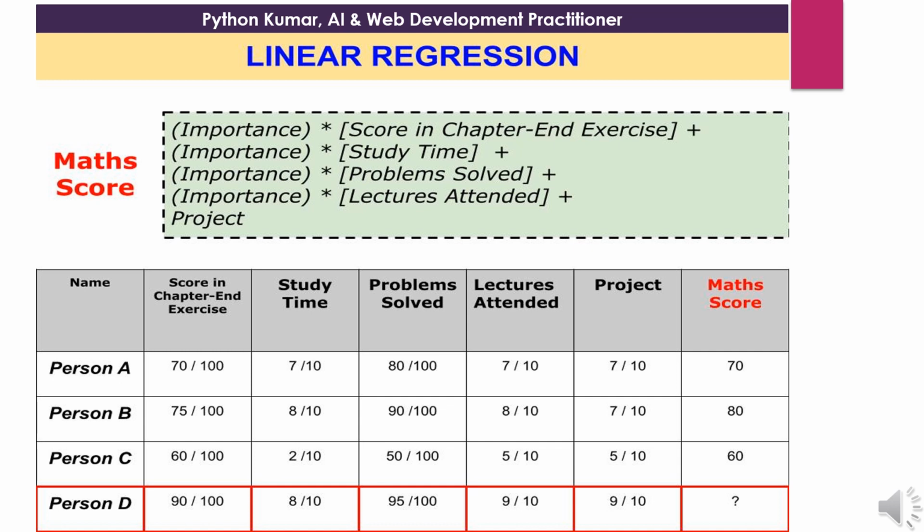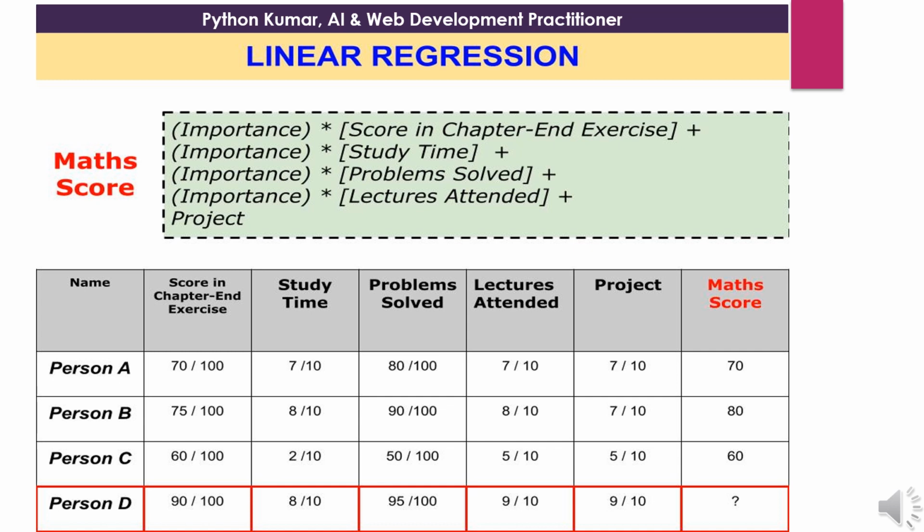That is, you have to figure out the importance of each of them. What is the importance of the score in the chapter exam, what is the importance of the study time, how important are the problems I solved, maybe from my book or maybe from another book, the number of lectures I attended, and finally the project that I did.